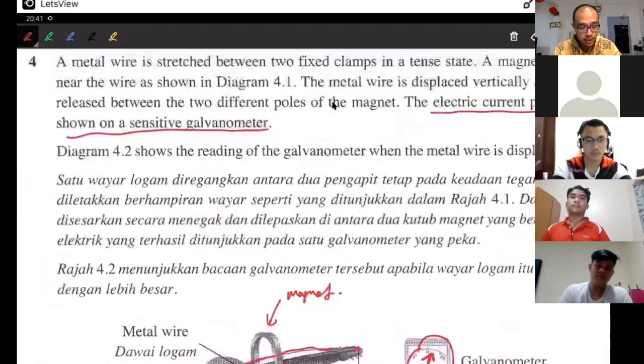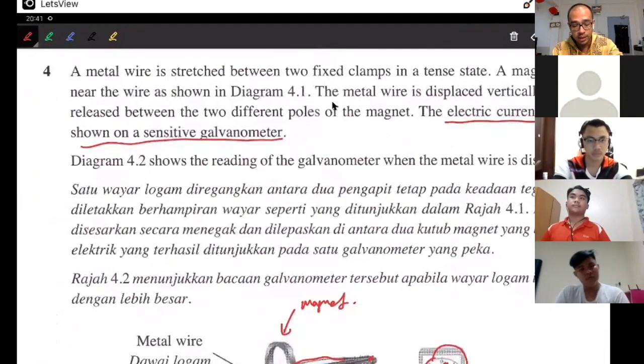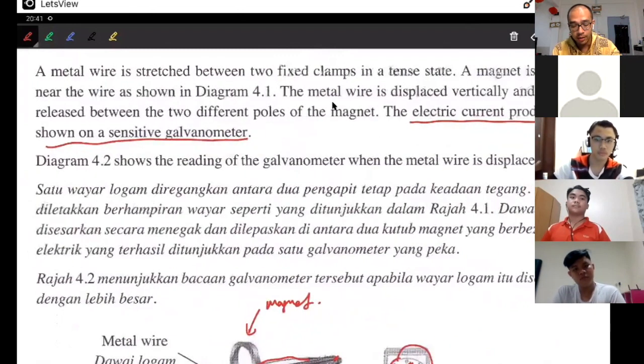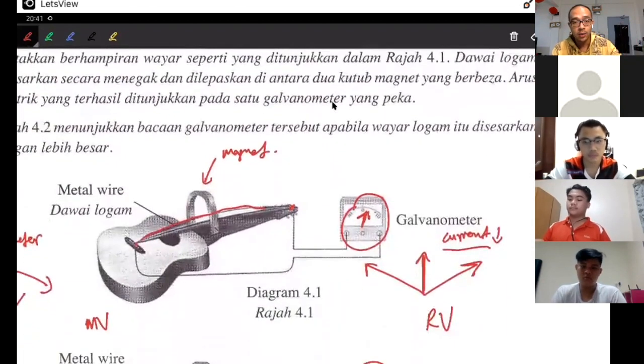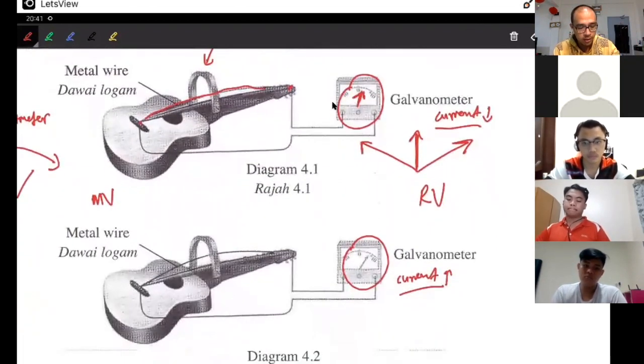In this case, what is changed is the displacement of the metal wire. If it is displaced only a little, the current is like this. But if it is lifted higher like this one, the current will become bigger.